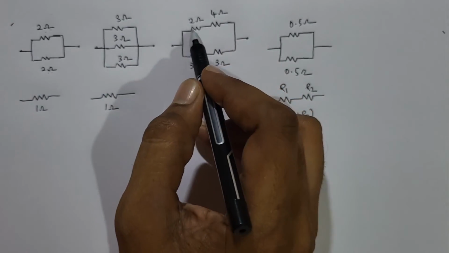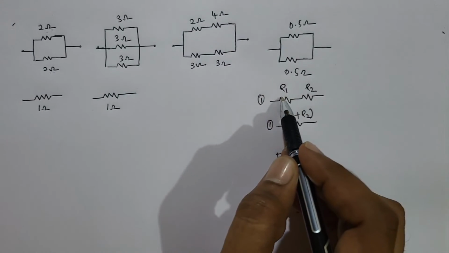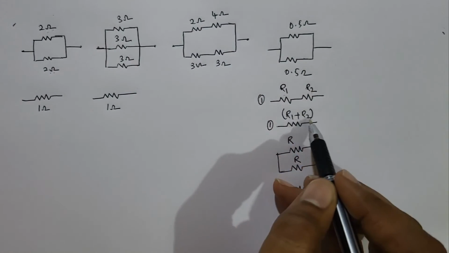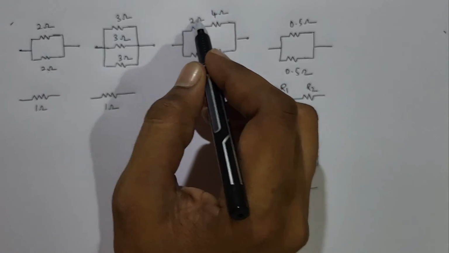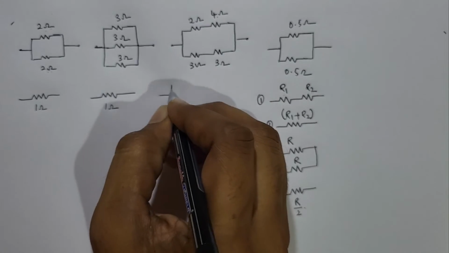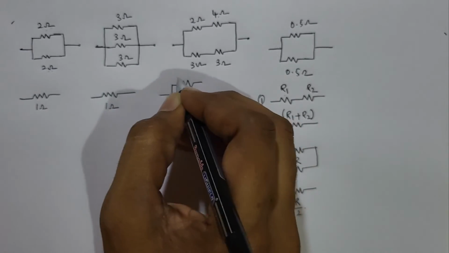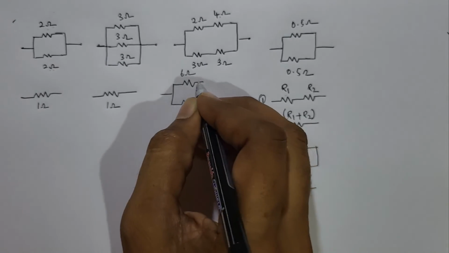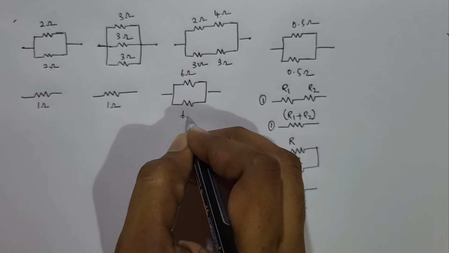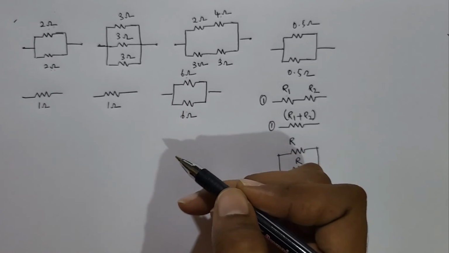Now here if you see, these two are connected in series. When two resistances are connected in series, equivalent resistance becomes R1 plus R2. So 2 plus 4 is going to be 6 ohm, and 3 plus 3 is also going to be 6 ohm.